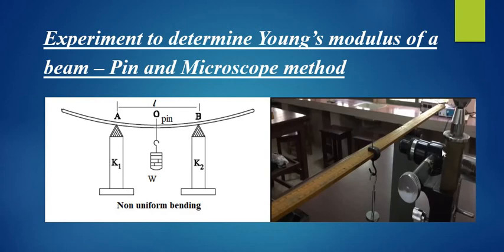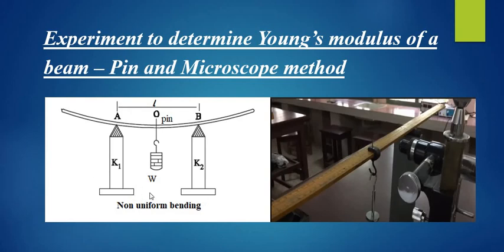Look here, this is a traveling microscope. This traveling microscope has two scales, horizontal and vertical vernier scales. Here we use the vertical vernier scale. The distance between the two knife edges is L. The initial reading on the vertical scale of the microscope is taken.